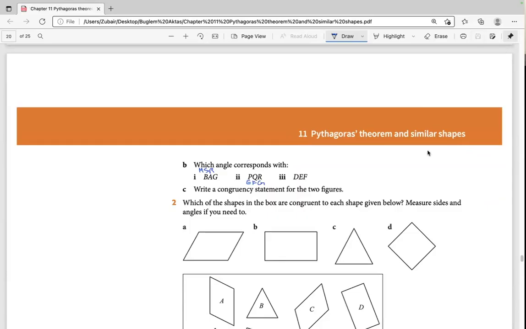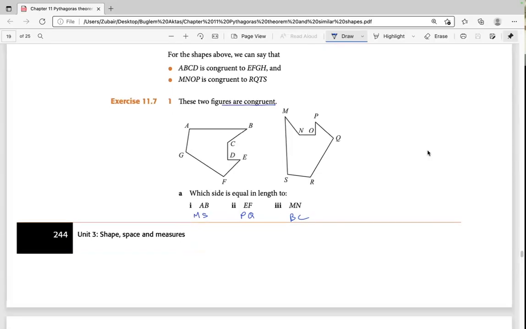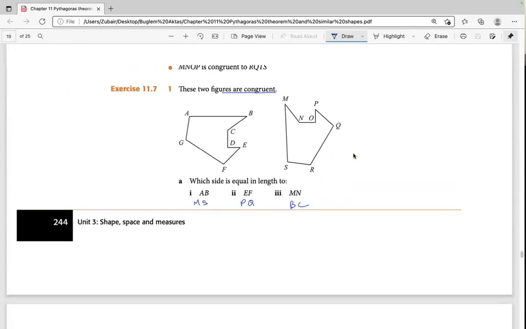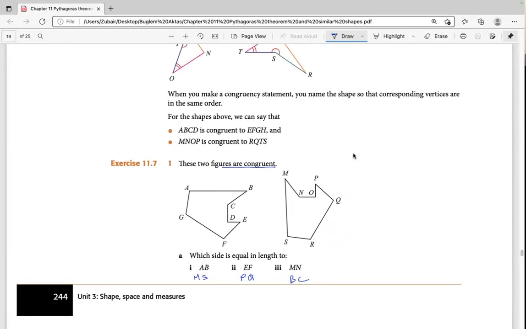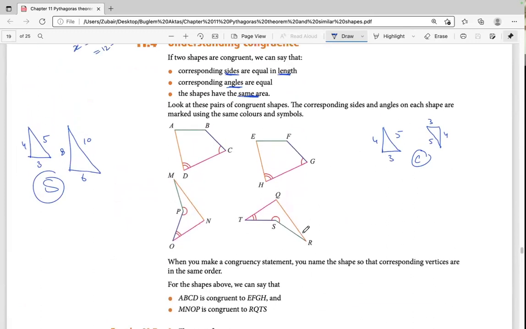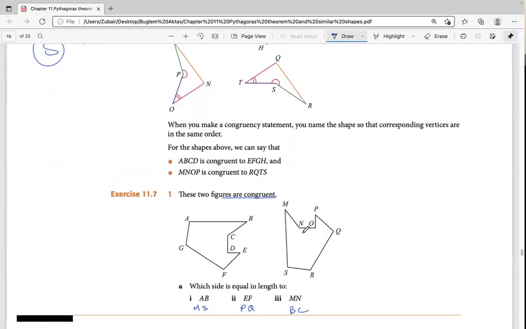Third one is DEF. OPQ, right. Write the congruency statement for the two figures. Okay, now, all the lengths are equal and all the angles are equal, so they're congruent. Yes, so they are congruent.